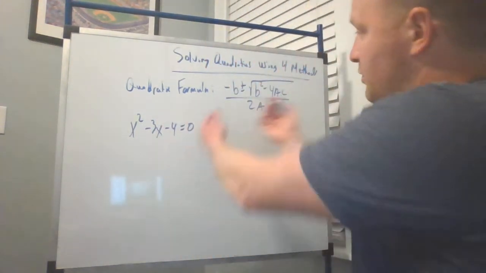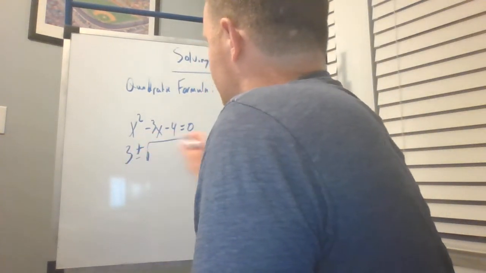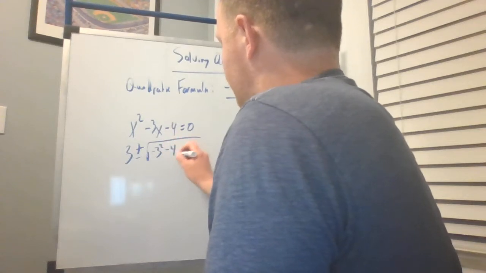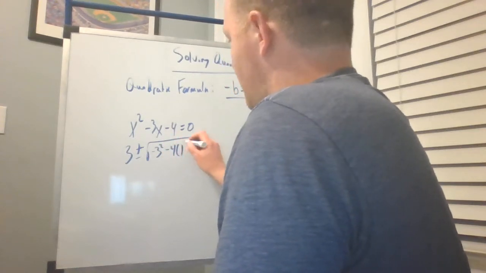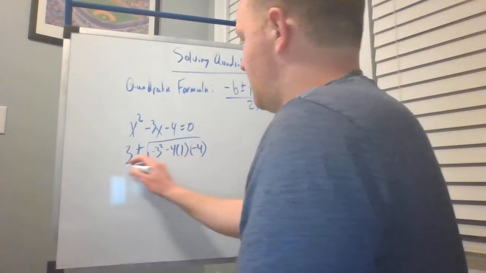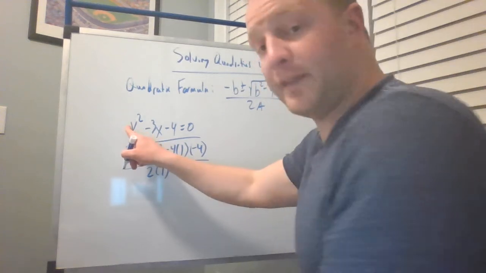Well, rewrite the numbers with the letters. Opposite of negative 3 is 3 plus or minus, remember, the square root of negative 3 squared minus 4 times 1 times negative 4, all over 2 times 1, because that's 1 right there. Don't forget that.